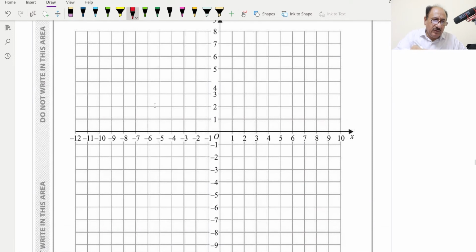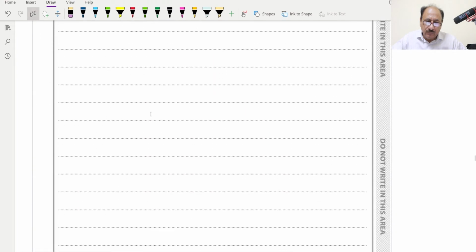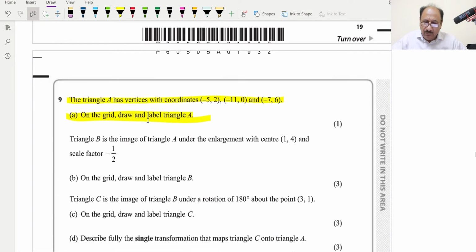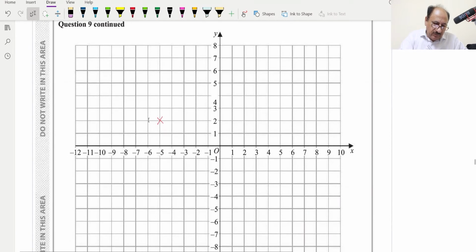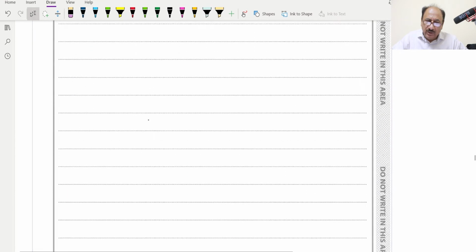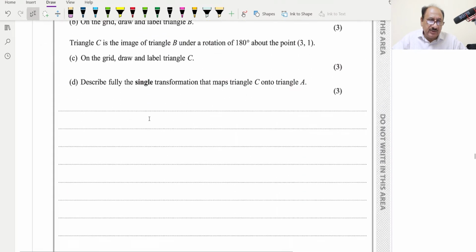-5 and 2 is over here. So the next point is -11 and 0. So -11 and 0 will be this point, and the third point is -7 and 6.